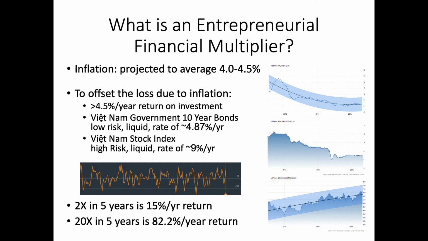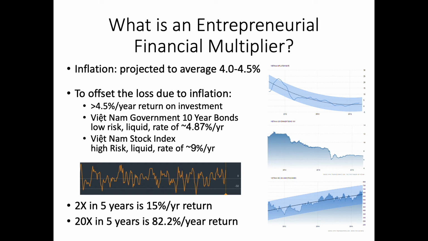Well, in Vietnam, you can invest in government bonds, 10-year bonds, and they provide a relatively low-risk, liquid rate of return of about 5.2%. I think more closely to 6% now. But that's pretty nice. A 6% return compared to a 4% inflation rate is a very reasonable investment considering that it's fairly low risk.